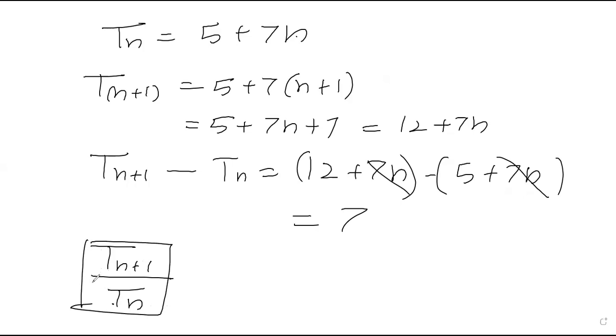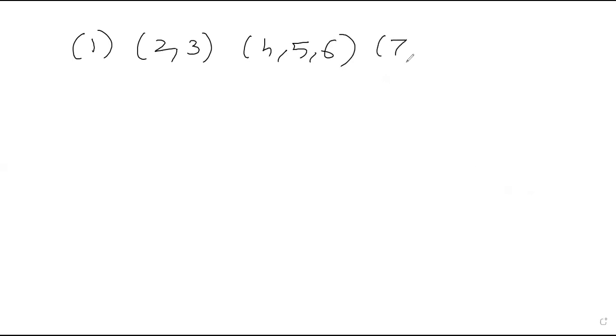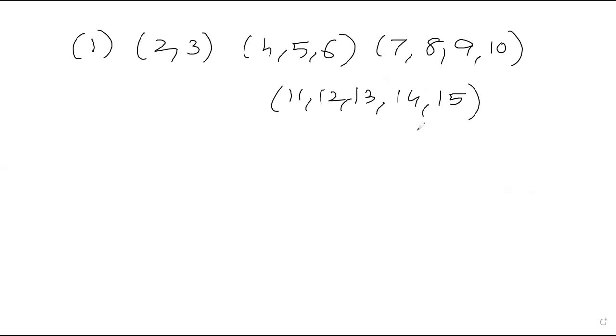Okay, how do you find Sn? There isn't one supernatural sum. The problem looks like this, let's say: 1, 2, 3, 4, 5, 6, 7, 8, 9, 10, and 11, 12, 13, 14, 15.